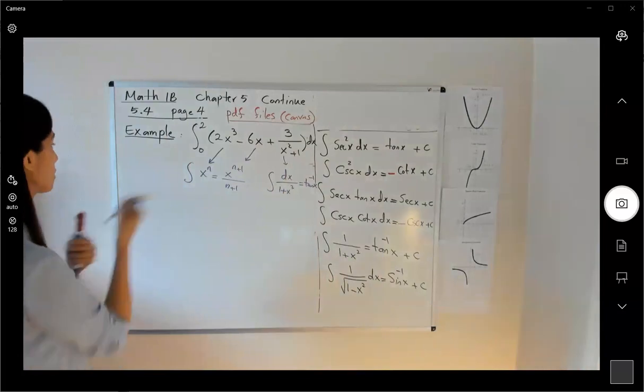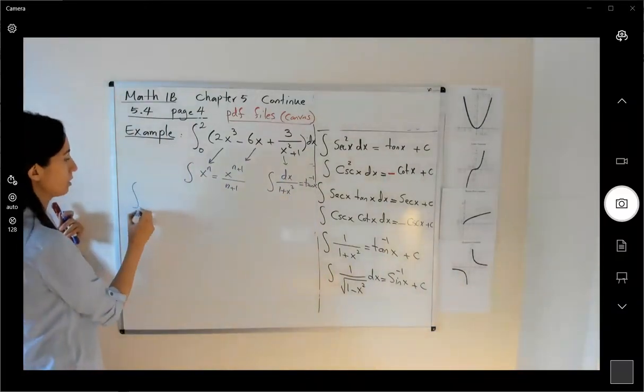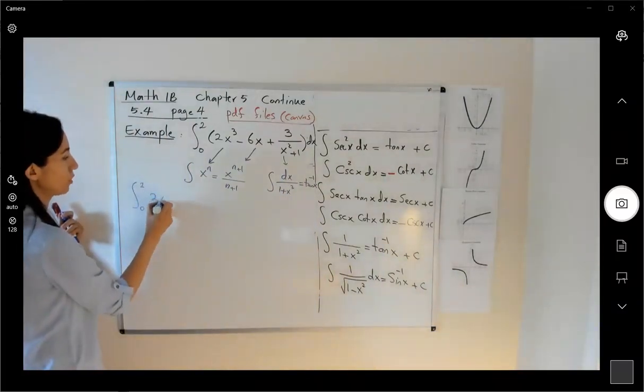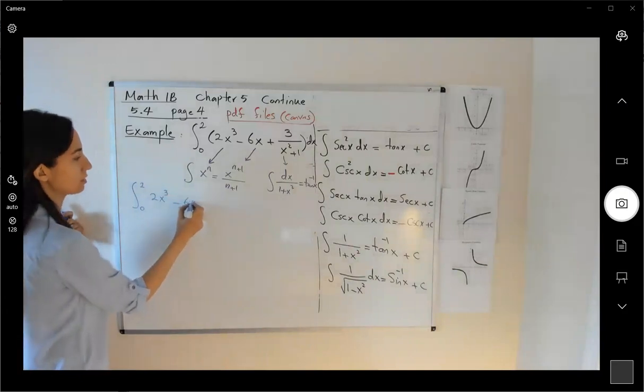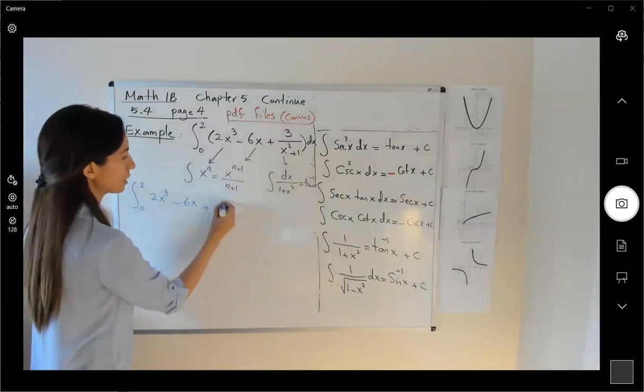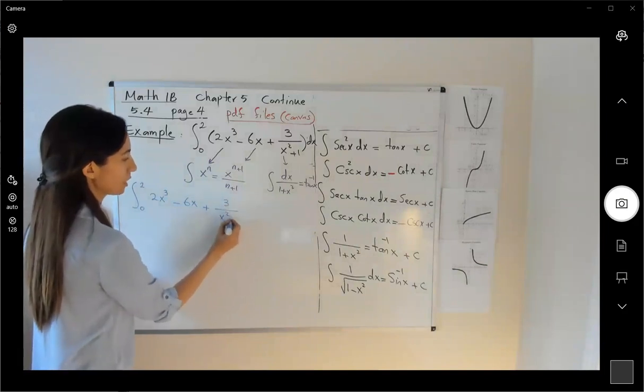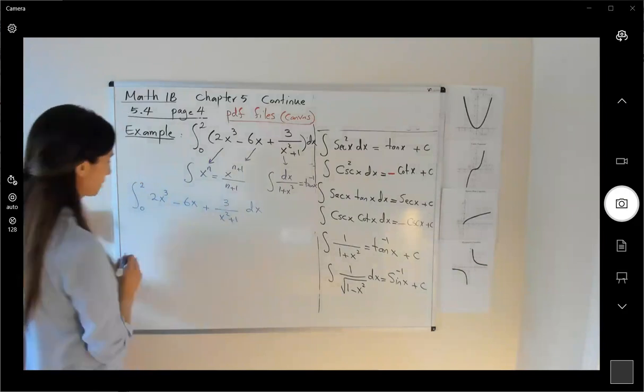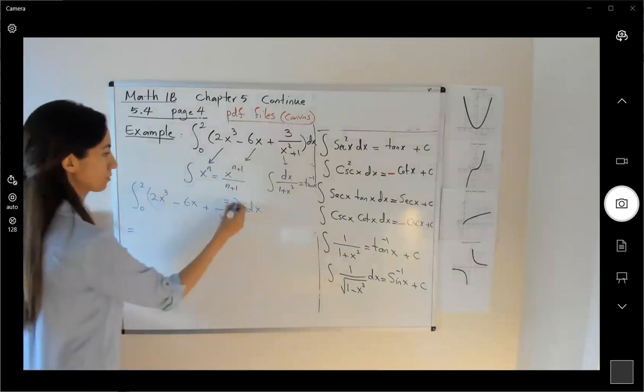Very well, let us start. Here we have the integral from 0 to 2 of 2x cubed minus 6x plus 3 divided by x squared plus 1 dx, which is equal to.